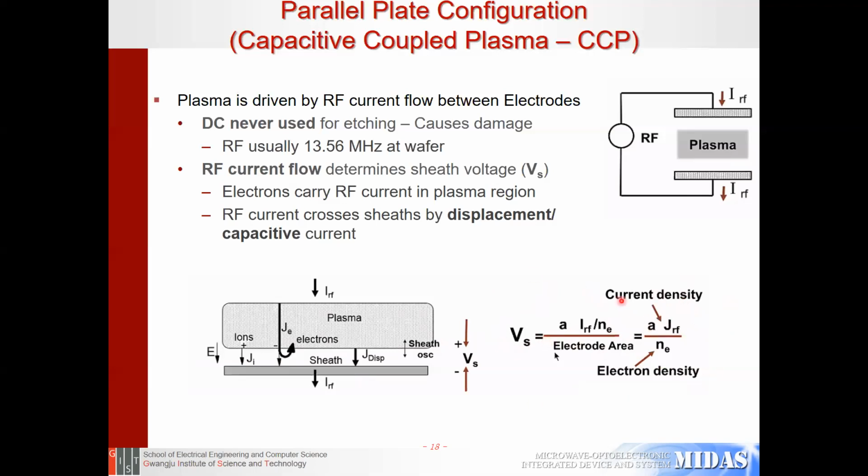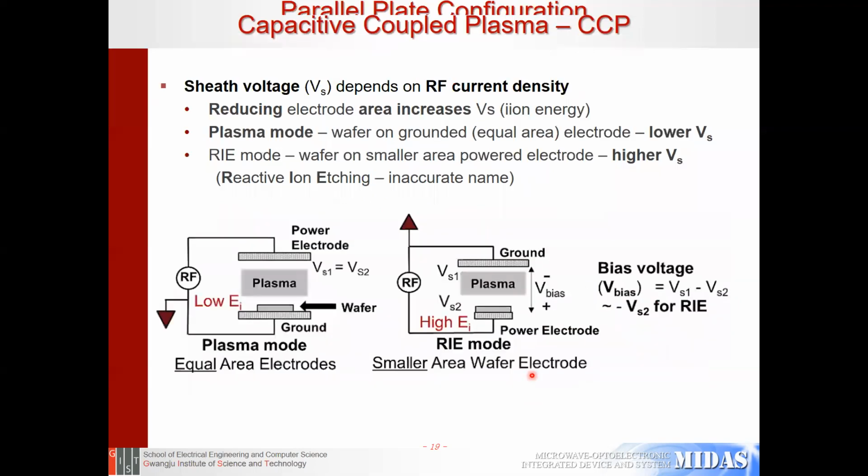So we can increase the sheath voltage by decreasing the area of the electrodes. By using this relationship between Vs and the current density, we can define the two modes, plasma mode and RIE mode. Reducing the electrode area increases the Vs, or the ion energy.